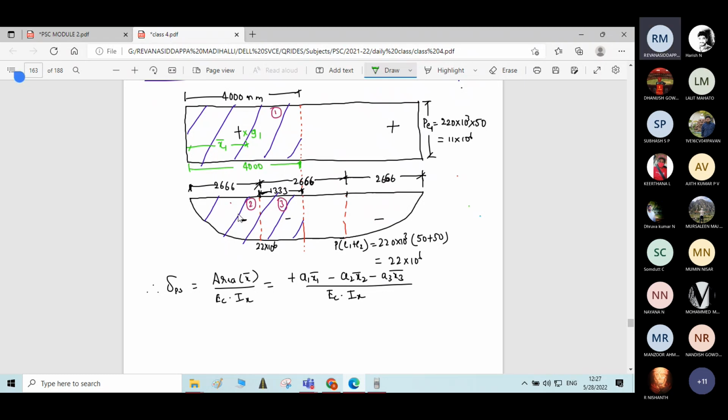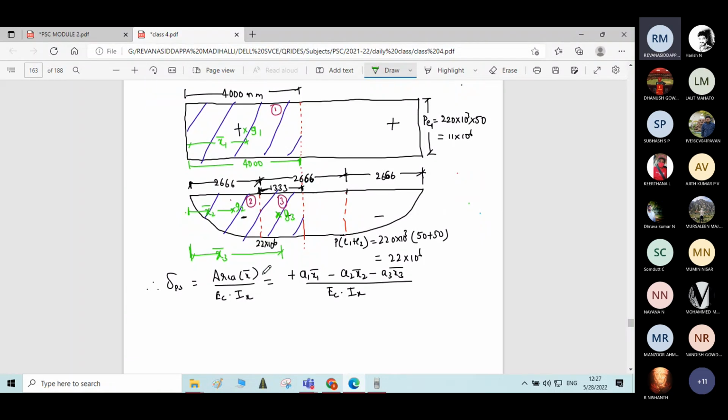For rectangle 2, let me call the centroid G2 and its distance x2 bar. Similarly, I will call the centroid of rectangle 3 as G3, and its distance from the nearest support as x3 bar.